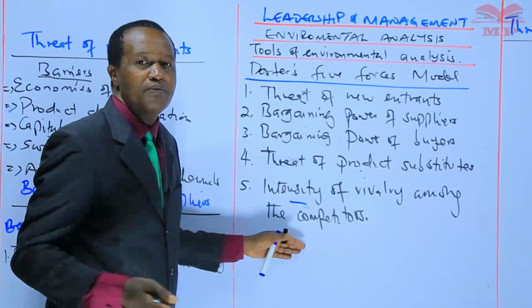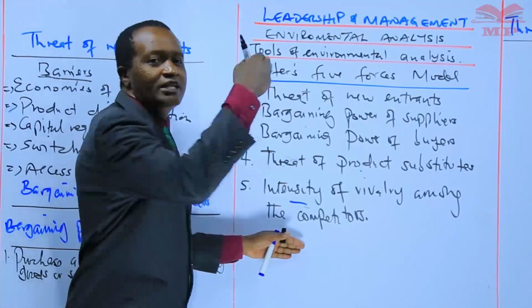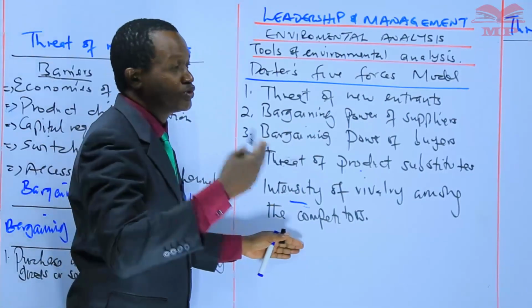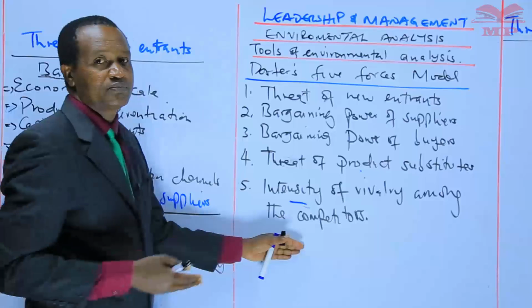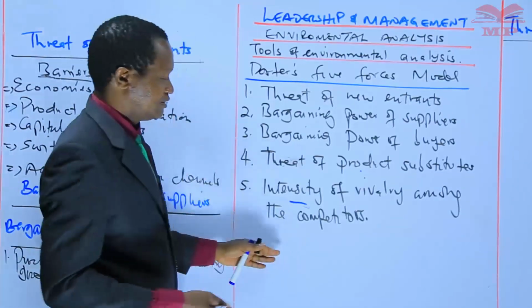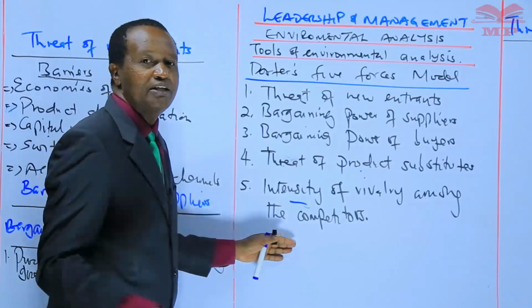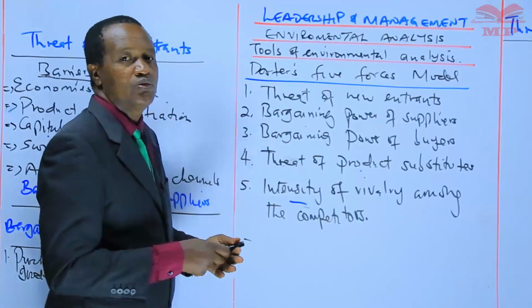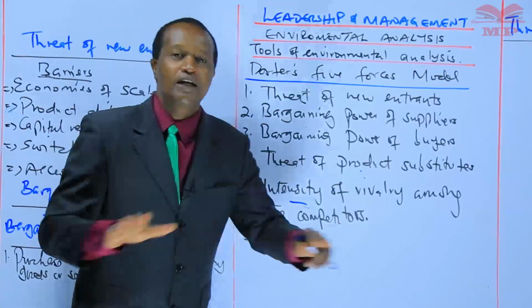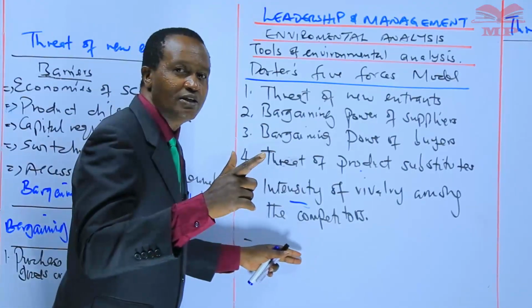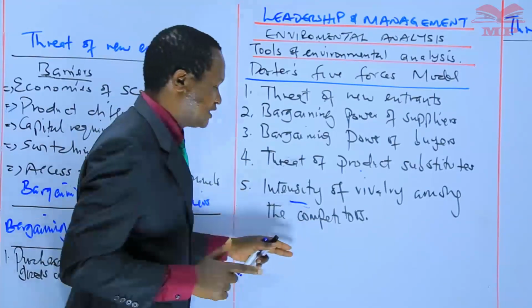Firms generally are aware of the competitors' actions, and they sometimes choose to respond to such actions. So intense rivalry is expected where there are many competitors who are on the same level, numerous or equally balanced competitors.